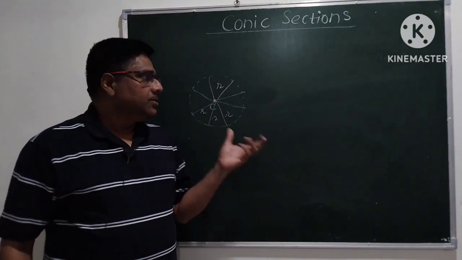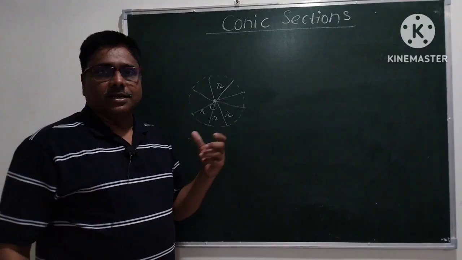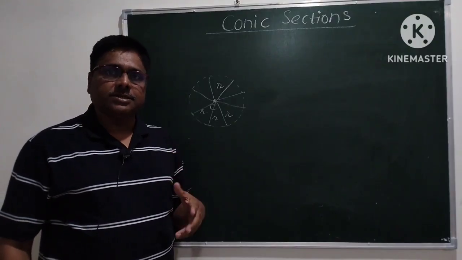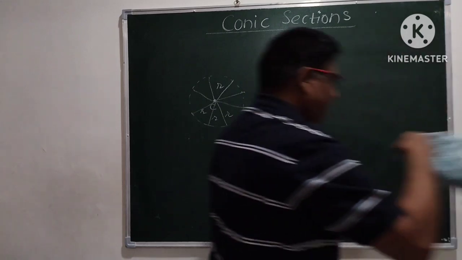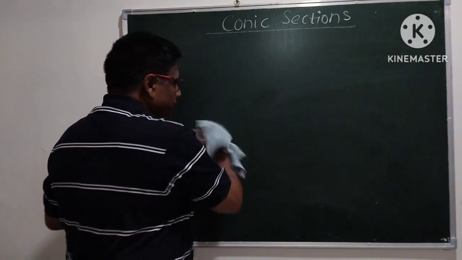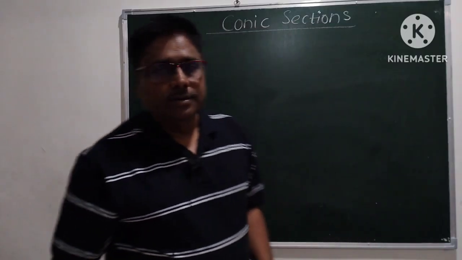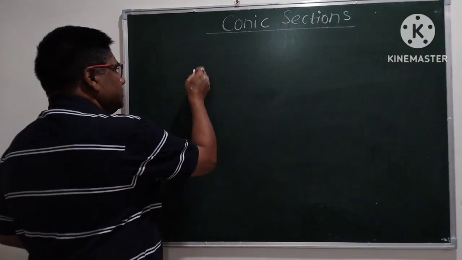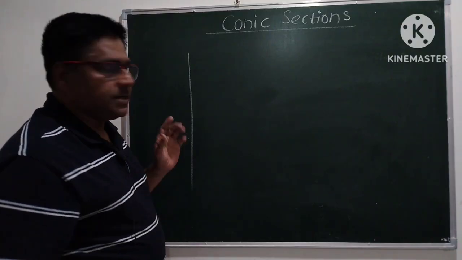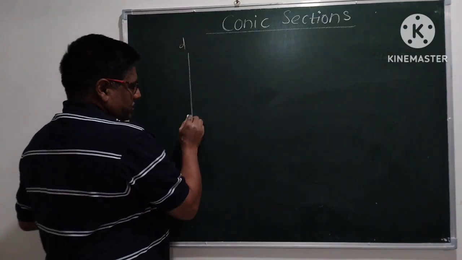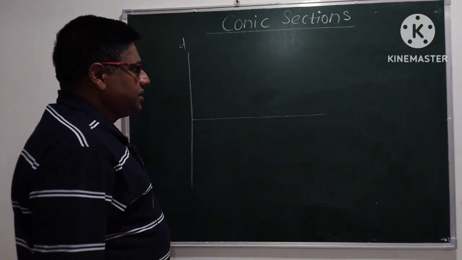Like this, conic sections should have some constraint. What is that constraint? Let us try to understand. In conic sections, we have a fixed vertical line, which we call the directrix, and we have the axis of the curve.